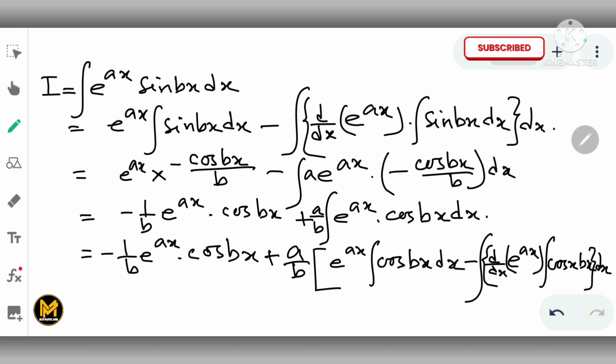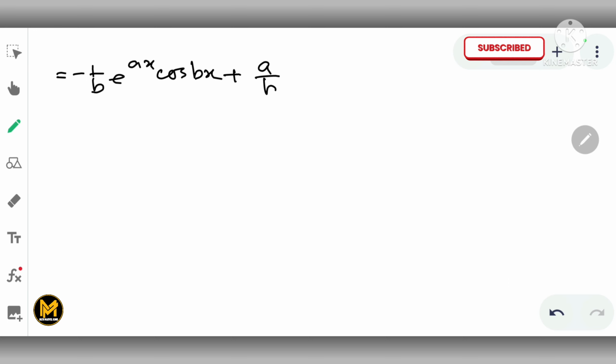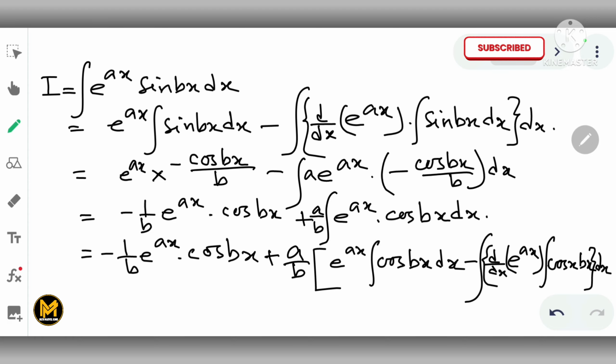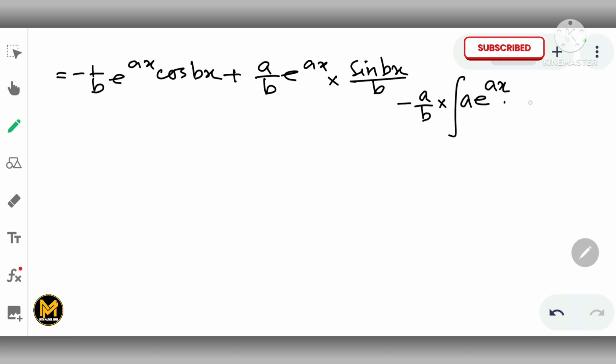So now you will get minus 1 by b e to the power ax cos bx plus a by b into e to the power ax into sine bx by b, minus a by b into the integration of e to the power ax sine bx dx.